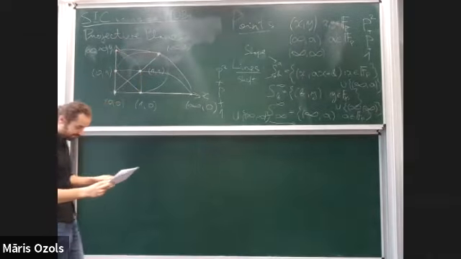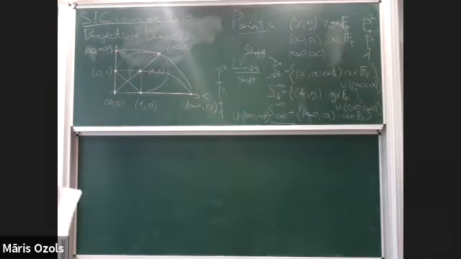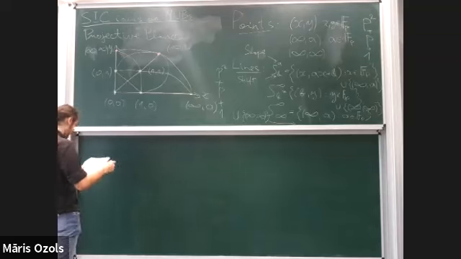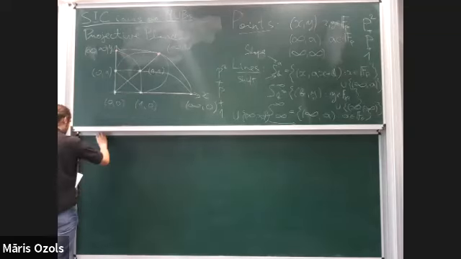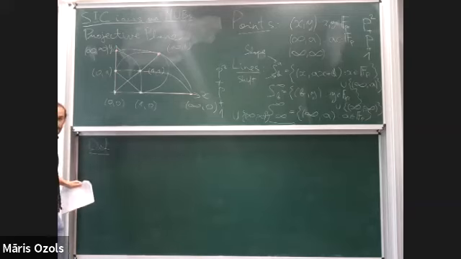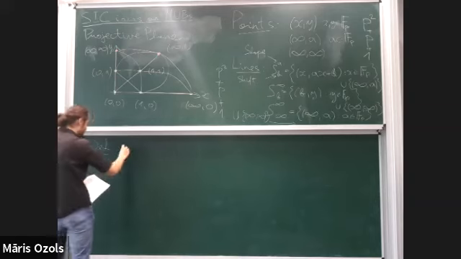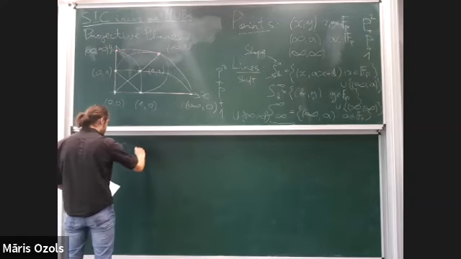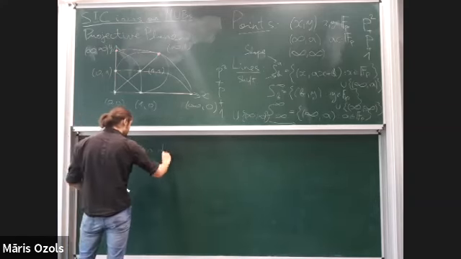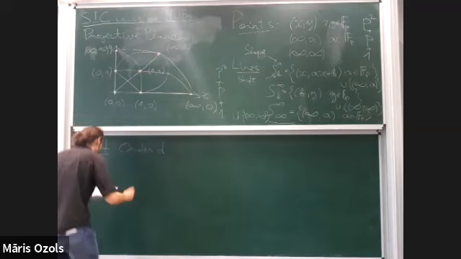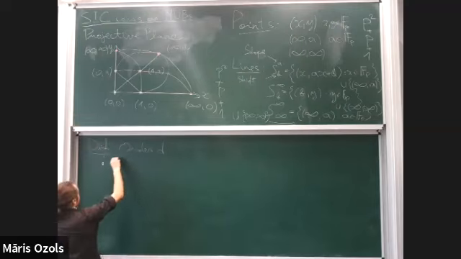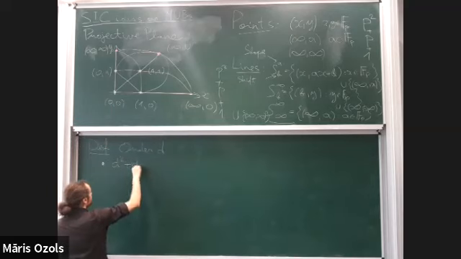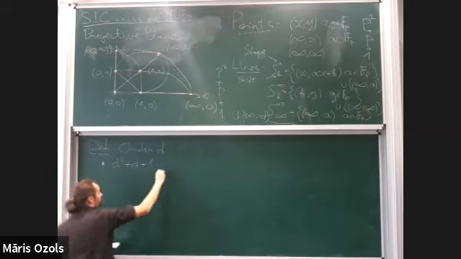Let me define a general projective plane. It will have order d. What that means is that we need d squared plus d plus 1 points and lines.